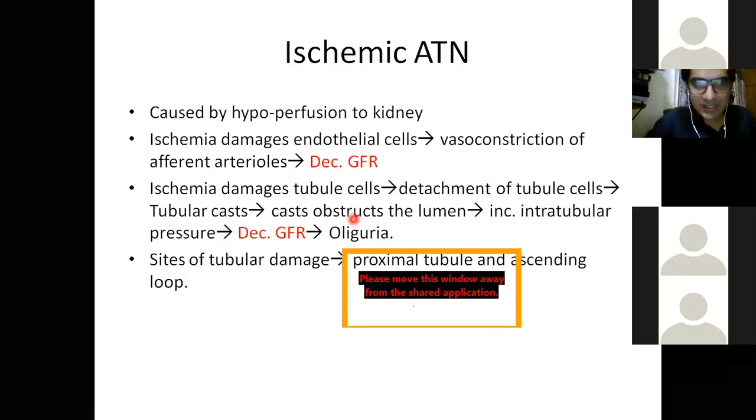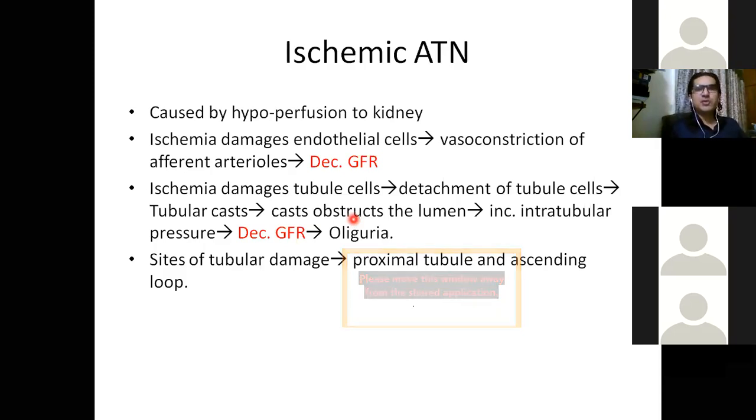Now, I will tell you the pathogenesis of the ischemic type of acute tubular necrosis. That is, what happens is that ischemia, that is hypoperfusion of the kidney, causes an endothelial dysfunction, right?